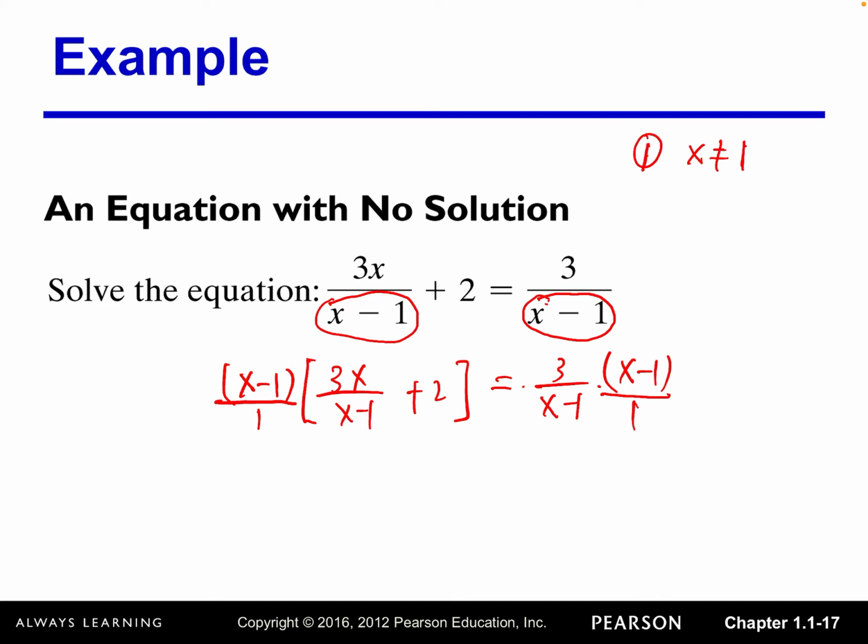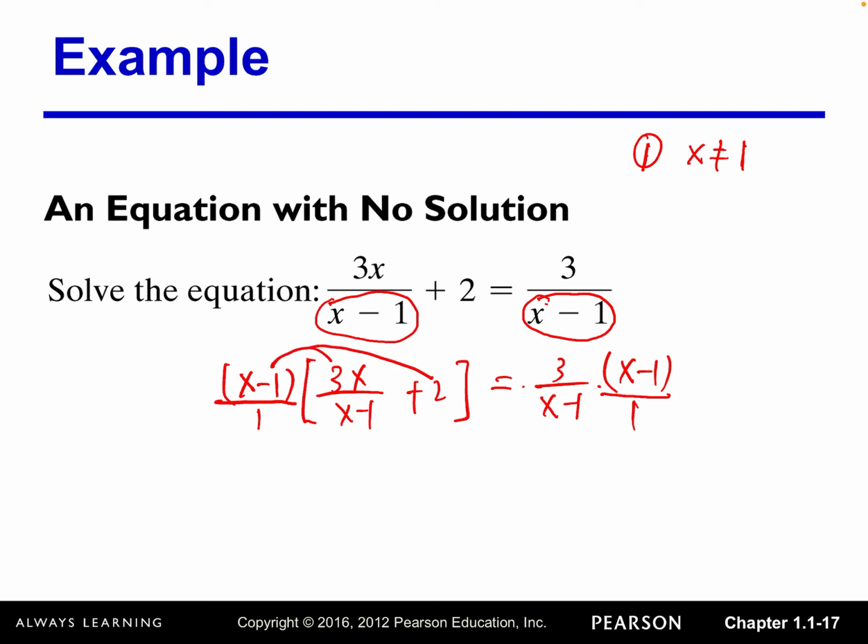All right, so next step, we need to simplify, right? On the left hand side, we have 2 terms, so every term needs to be multiplied by x minus 1. So x minus 1 times 3x over x minus 1, that's the first term on the left hand side, and then plus x minus 1 over 1 times 2.